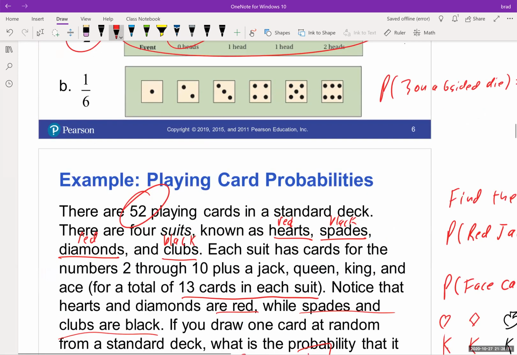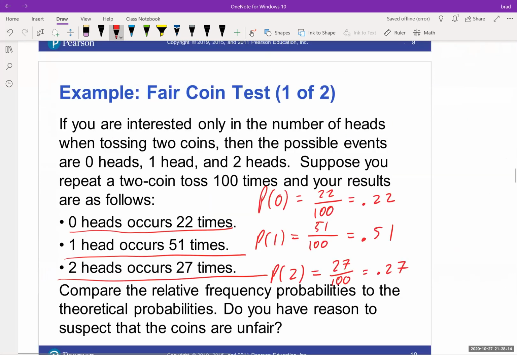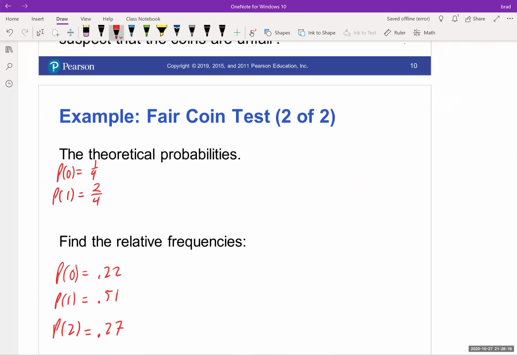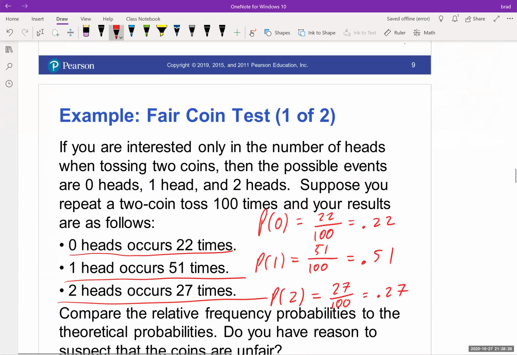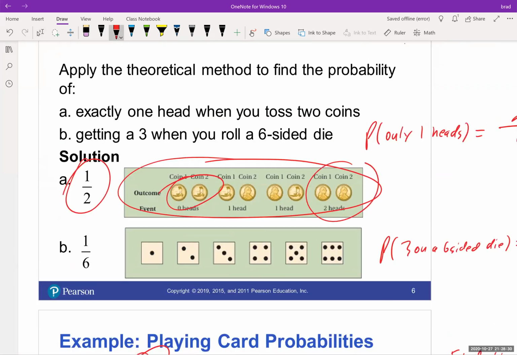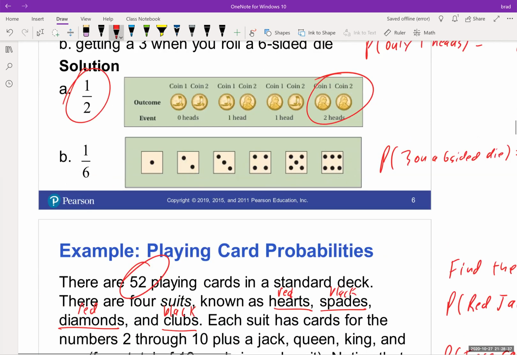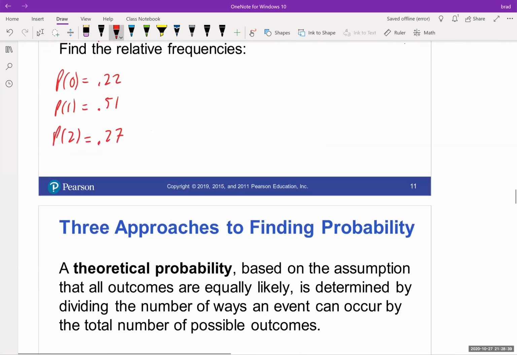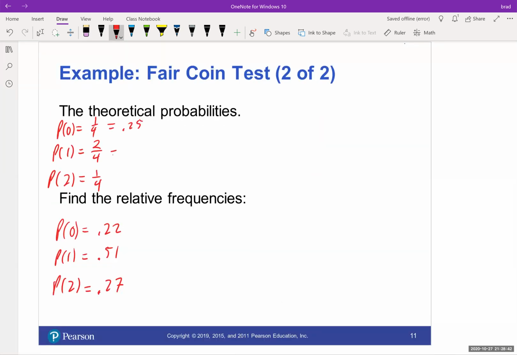So theoretical probability says that we should get 1 out of 4. How many had only 1 head? 2 out of the 4. And how many had both heads? Once again, 1 out of 4. If we go back up here and look, this was the only scenario that had 2 heads. So we're just using all the theoretical probabilities for each situation. This would be 0.25, this would be 0.50, and this would be 0.25.